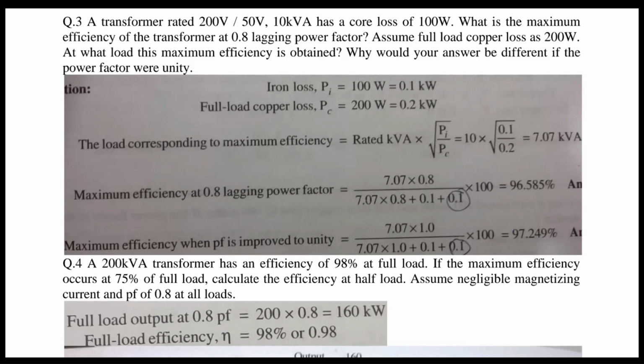Again, this copper loss is taken as 0.1. Why? Because at maximum efficiency, iron losses and copper losses are the same, and we are calculating this numerical for maximum efficiency. So in this way we can calculate the maximum efficiency at 0.8 lagging power factor.